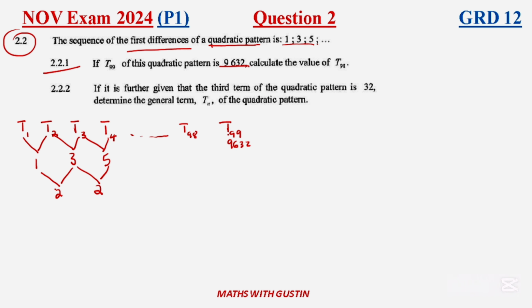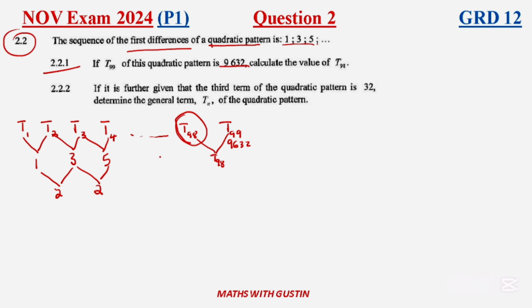So it means here in arithmetic sequence you must have got, because this is T1, 2, 3, 4, so it means here in arithmetic sequence this one should be T98. So what you can do, you can say T98 minus that will give you this value here.